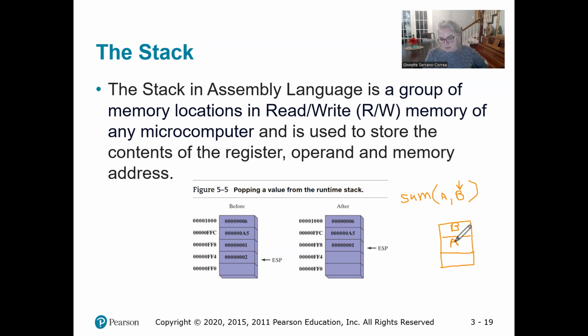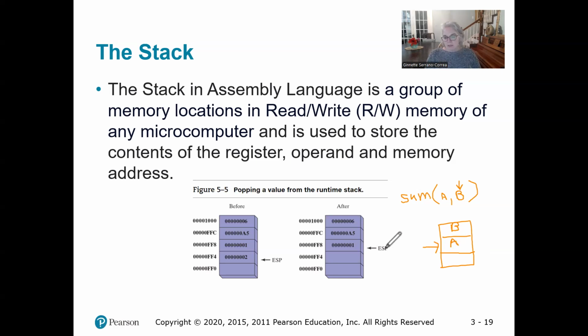I put the letter B and the letter A, the variables, but if B contained a 5, the 5 would be put there, and then the value of A would get put there. Now the way that stacks work is whatever you put on the stack last is the first thing that comes off the stack. We call it a pop. So we would pop this last item from the stack first.